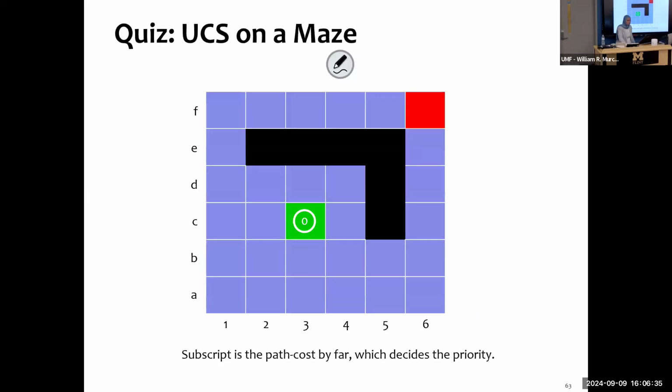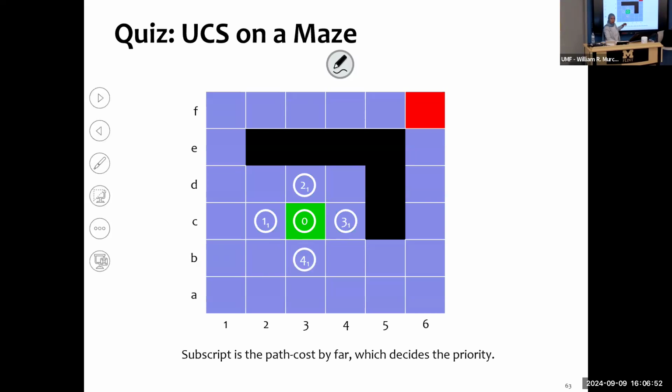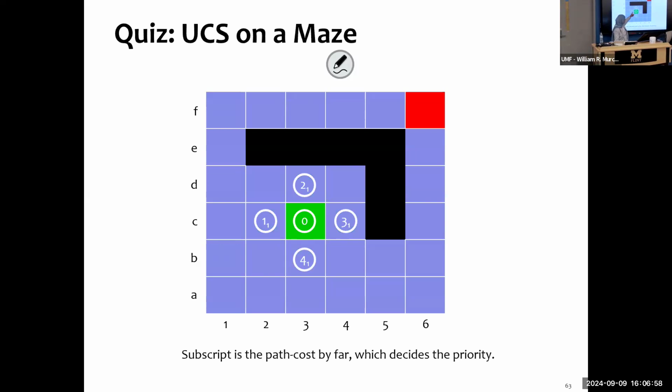So we will execute this uniform cost search on the maze example. So this is the initial state, and this is the goal, where we can go from the initial state here or here or here or here. Each time, the subscripts here represent the path cost so far. So here it decides the priority.